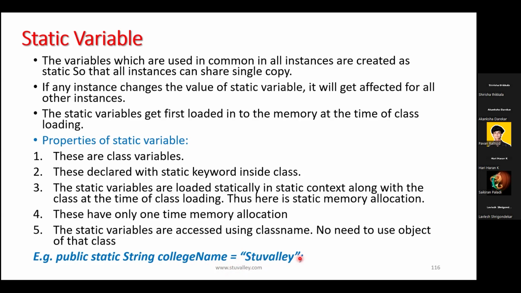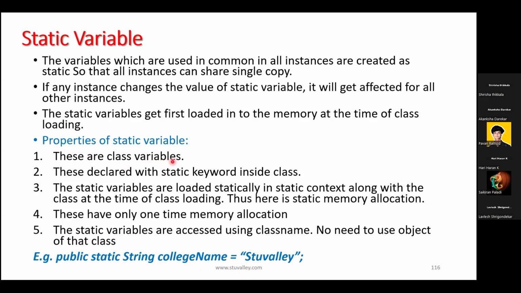So instead of creating that variable as an instance variable and wasting our memory, we can select static as a non-access modifier for that particular variable, so that the memory will be allocated only once and this name will be shared among all the instances of that class.